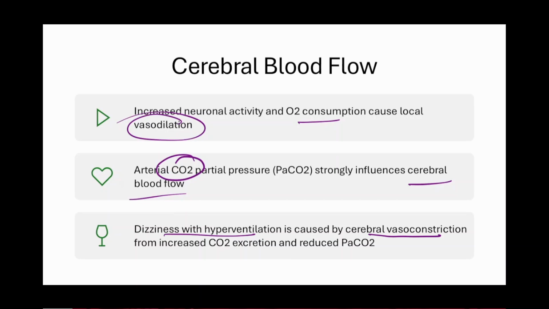So PAs, when you guys were in your pulmonary lab last week, some of you asked me, how do I stop hyperventilating? Well, tell your patient to stop breathing deep so much. They won't do it. But if you start breathing deeper, you may get a little lightheaded because of the excess CO2 or the changes in your CO2 causes changes in your cerebral blood flow.